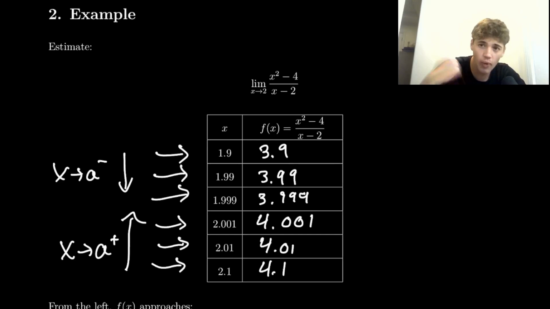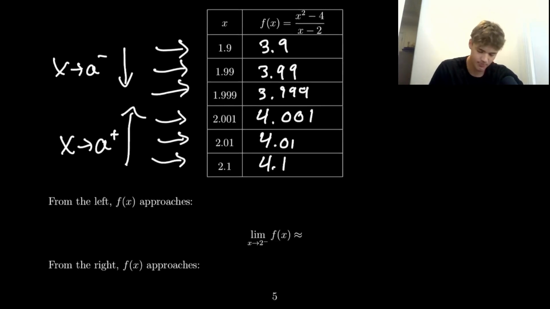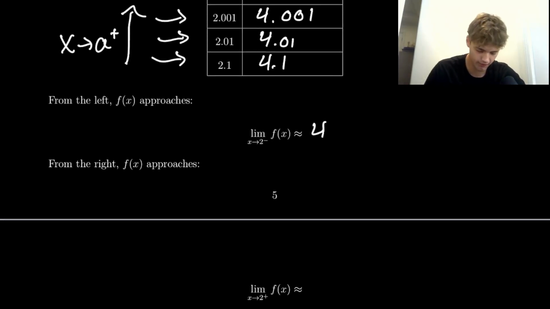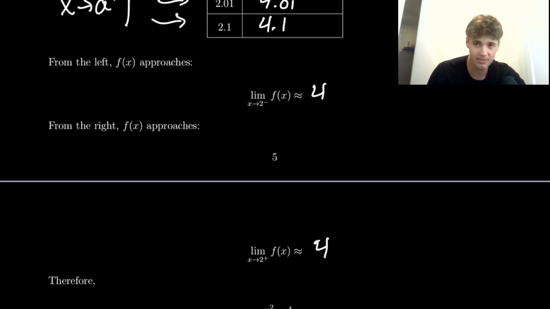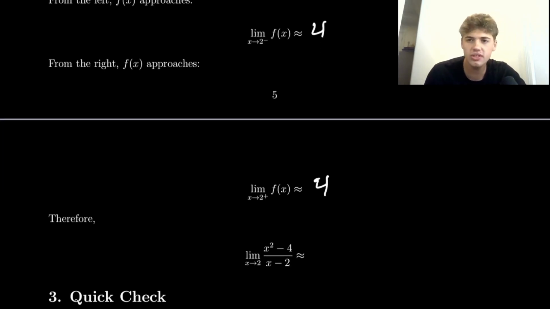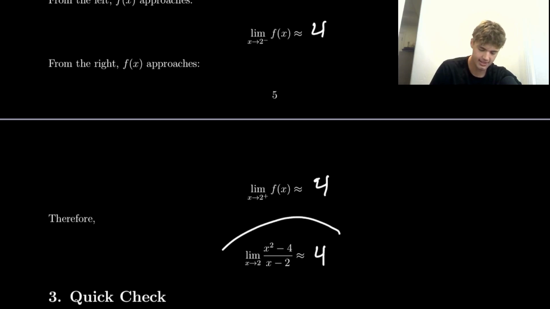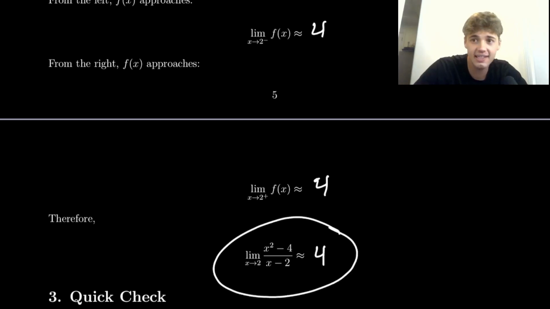So from the right-hand side and the left-hand side, they both seem to be approaching 4. So we can estimate that our left-handed limit goes to 4, and our right-handed limit goes to 4, so the two-sided limit we can estimate goes to 4, and indeed, it does go to 4.